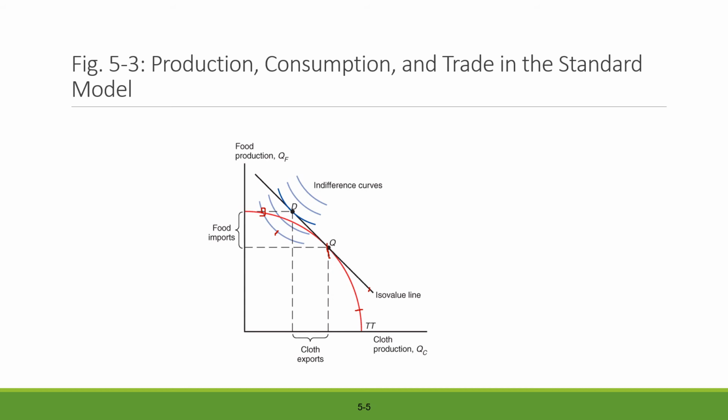Then the higher indifference curve again doesn't give us that maximum utility. Point D is on the ISO value line, and along with being on the ISO value line, it is also tangent to the indifference curve. This is where we can get our maximum utility.